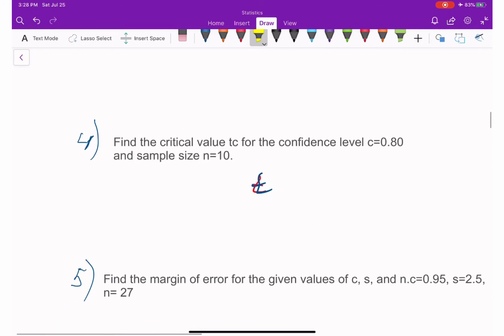So T critical, this is also TC, T critical is equal to 1.383.